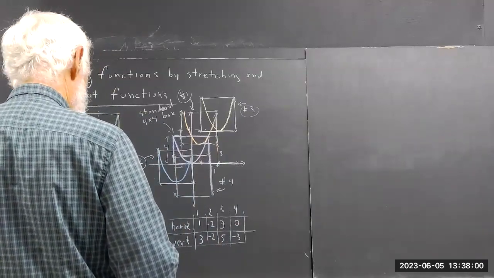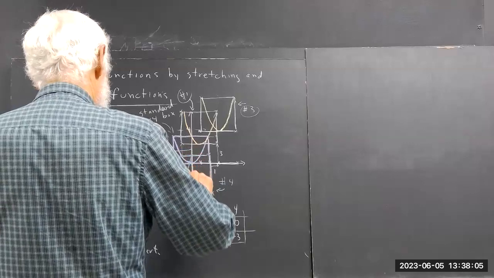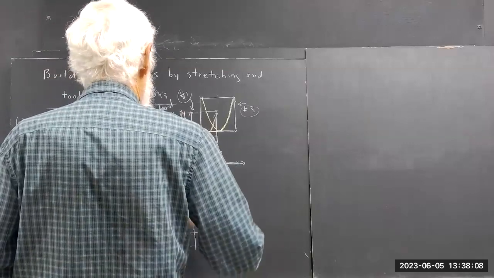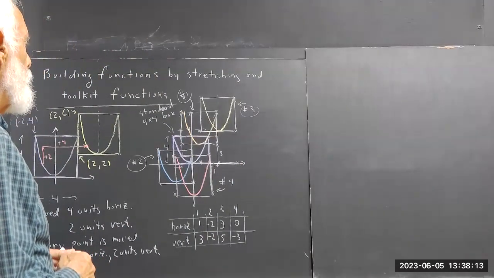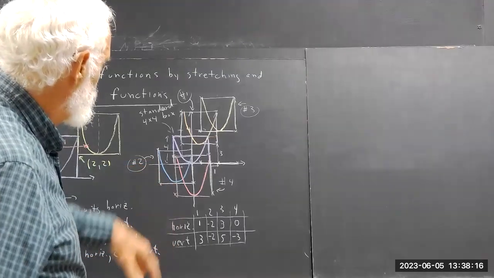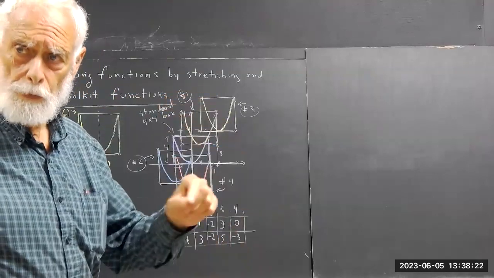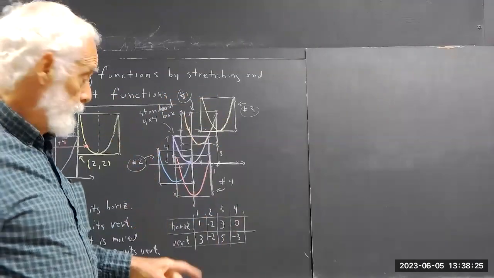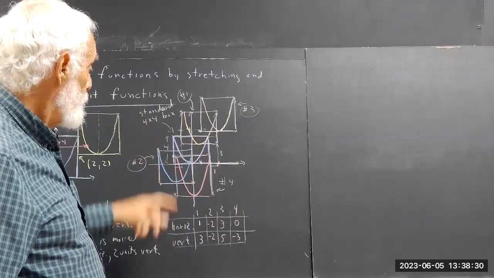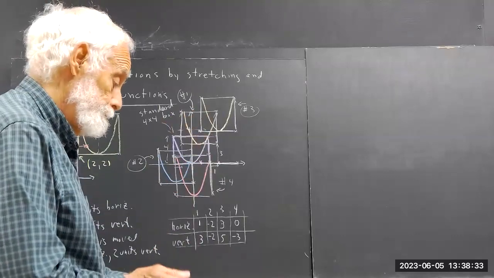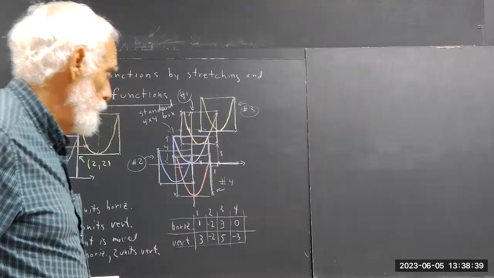And number 4, graph could go in here. Now, all those graphs should have the same shape, although this one seems to be somewhat distorted. But if this is done accurately, if every point is moved exactly the same way horizontally and vertically, then we're going to get these graphs. Okay, well, there's more we can say about that, but I'll save that for the next video.